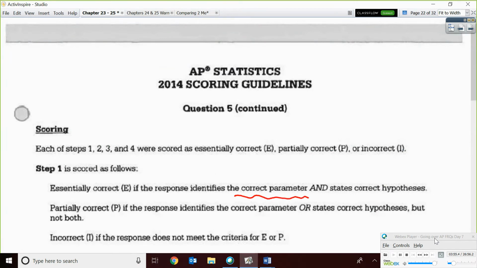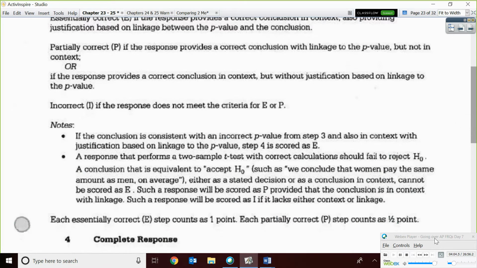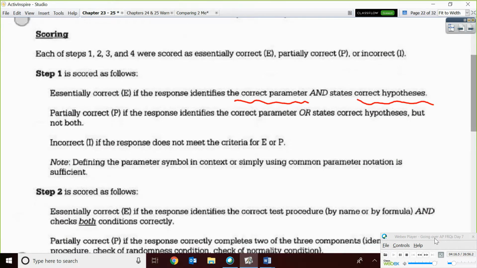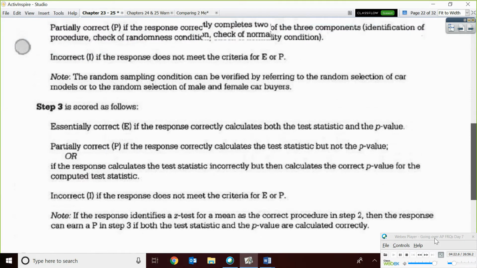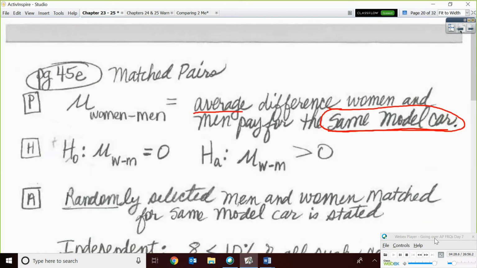It just says that you get a credit for doing the correct parameter and the correct hypothesis statements. That gets you a point. I don't see any notes saying that you have to say the identically equipped cars. All right, so that's a detail that I wouldn't know until I went to the session and actually graded this. So I'd be careful, because you really are identifying the way they're paired. So I think you really do want to indicate how they're paired.